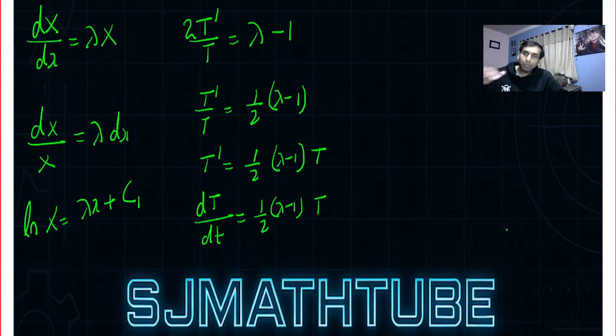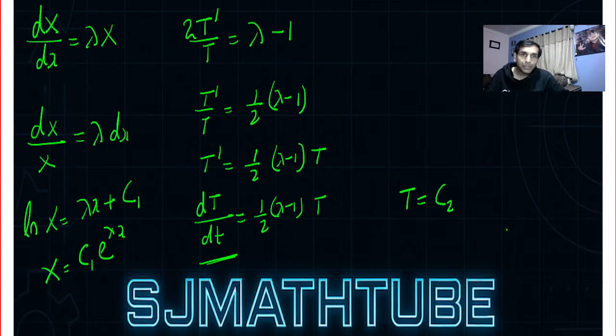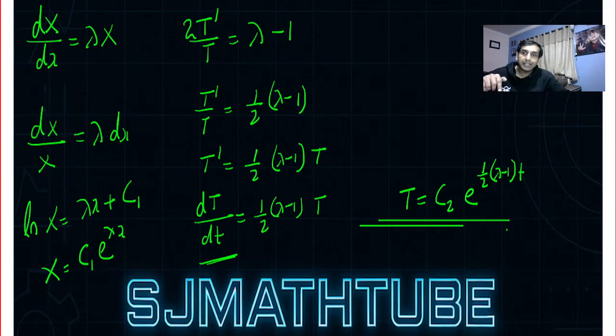And you saw previously, if you want I can write all the steps, but I want you to try it yourself. We'll end up with x equal to c1 e power lambda x. And here, if you integrate, you have to take it to this side, that side, etc. You're going to get t is equal to c2 e to the power 1 by 2 into (lambda minus 1) into t. Comment below whether you got the same answer or not.